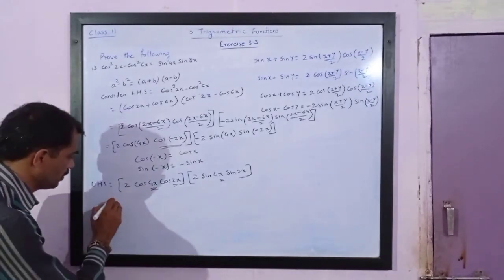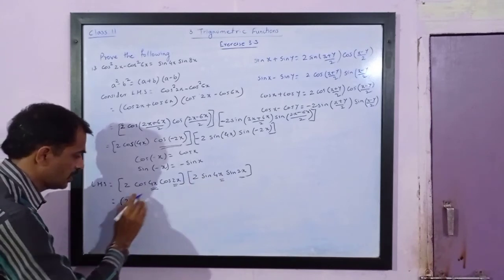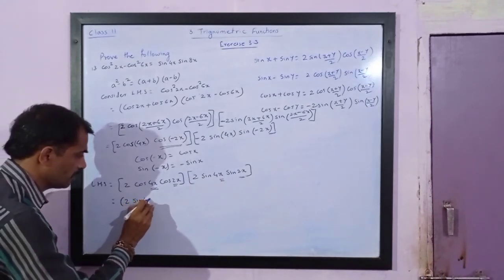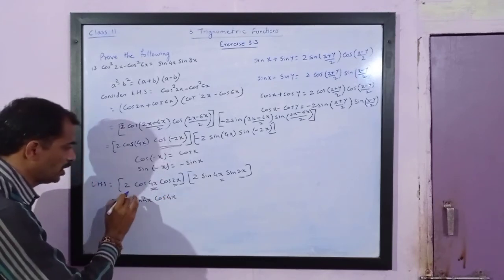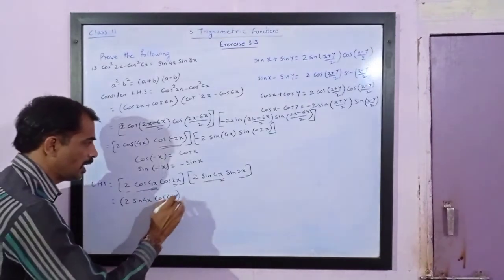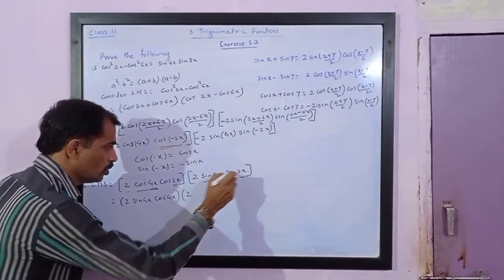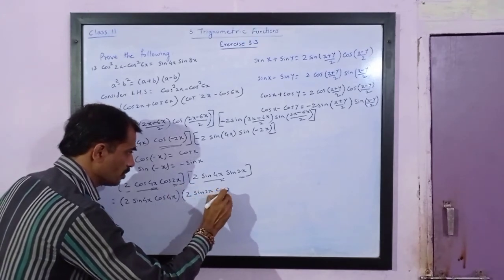So this becomes 2 times sin 4x into cos 4x. Now the remaining terms are 2 sin 2x into cos of 2x.